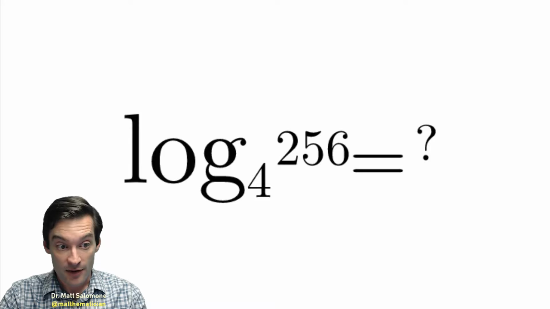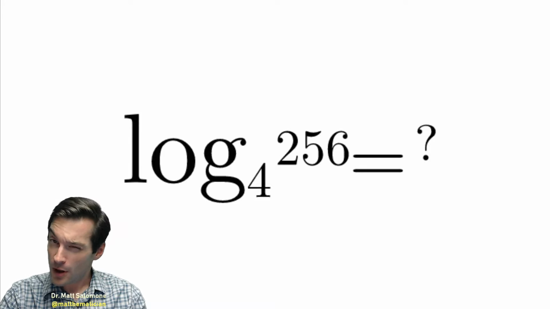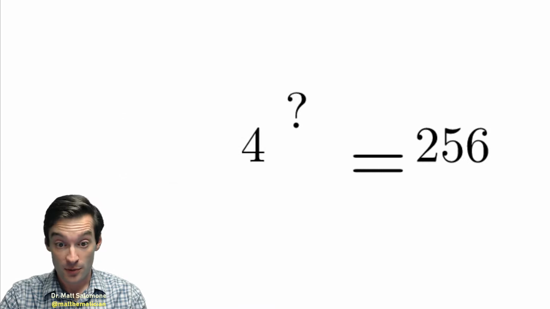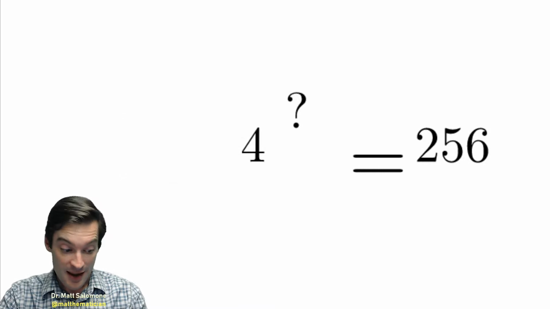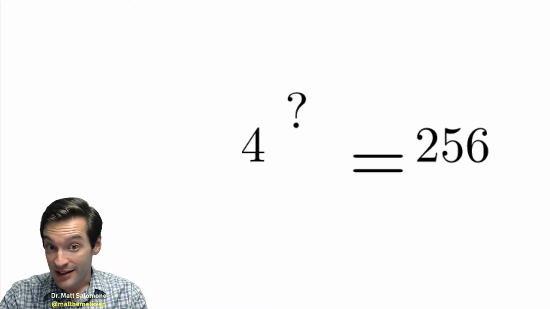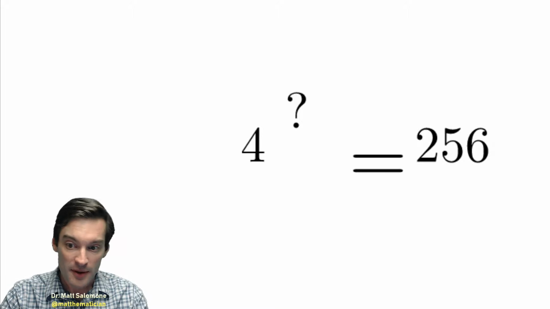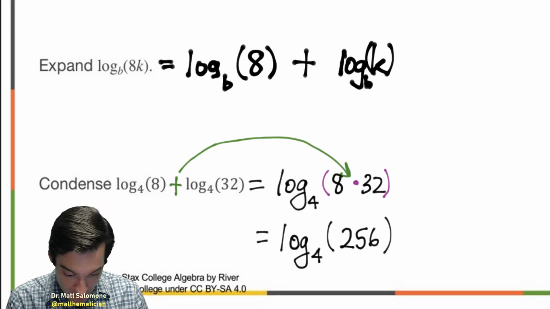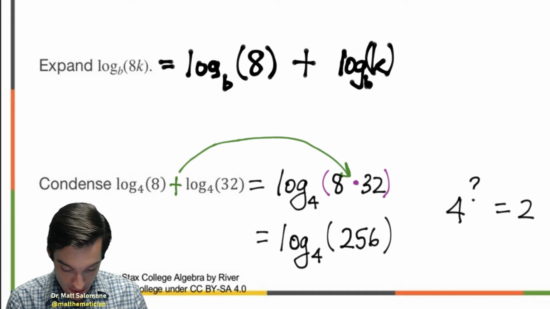Right? If the question mark is the base 4 log of 256, that means that 4 raised to that power is equal to 256. And so this happens to be one that I can just guess and check if I want to. We're going to talk a little bit later about how to solve it in a more systematic way. But the equivalent exponential form gives me a place to start guessing and looking.